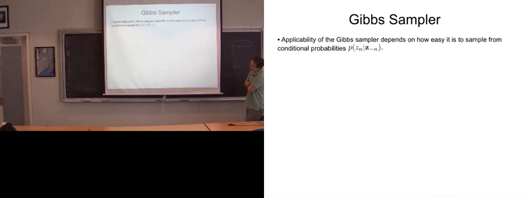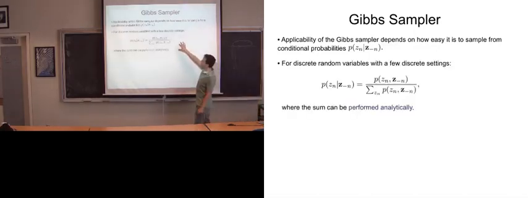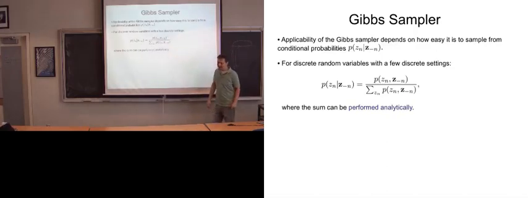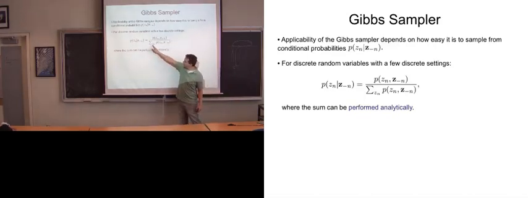As for the applicability of Gibbs sampling, whether you can use the Gibbs sampling operator depends on how easy it is to sample from the conditional probabilities. For discrete random variables with a few discrete settings, which is typically the case, you can sample from the conditional, because the sum is only performed over the states of one particular random variable.